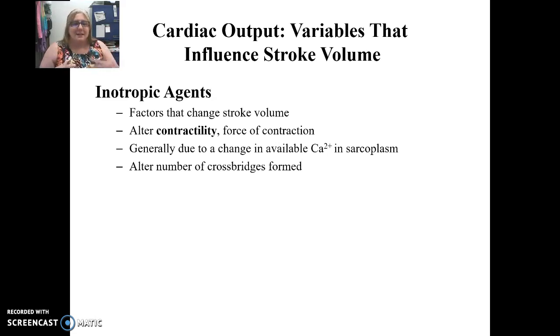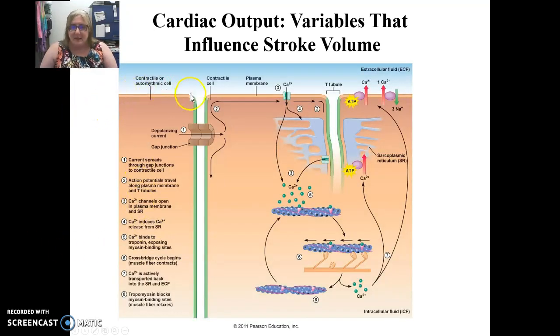So the more calcium we have available, the more cross bridges we can form, and the stronger that contraction can be. Less calcium, less cross bridges, smaller contraction, or smaller contractility. Here we have the sarcoplasmic reticulum.